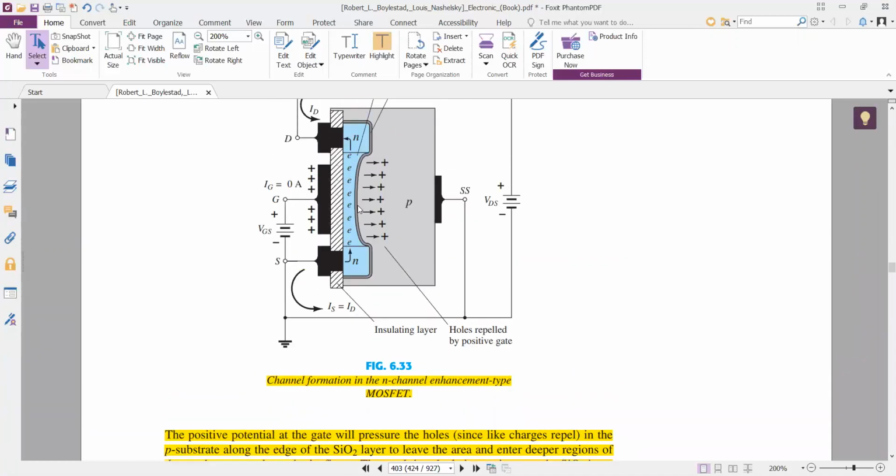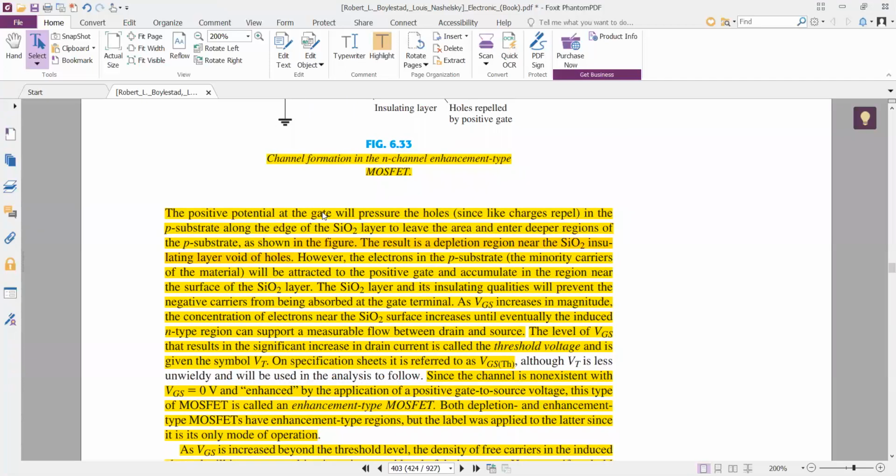These electrons cannot cross this silicon dioxide insulating layer, because otherwise these electrons might be attracted to the gate terminal. To prevent this and increase the input impedance, we have inserted the silicon dioxide insulating layer.